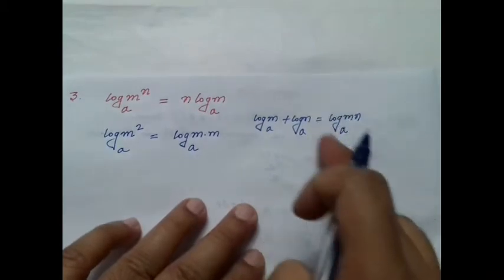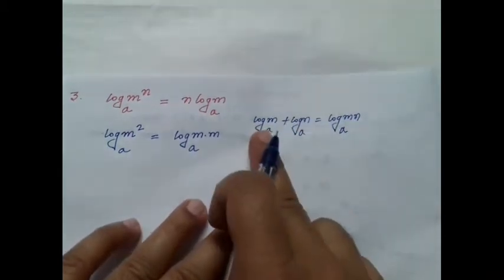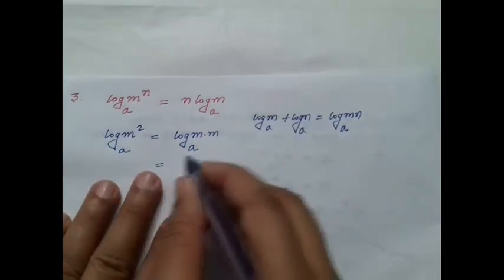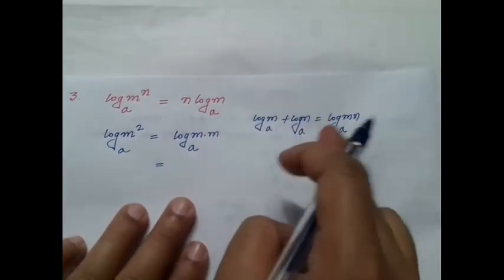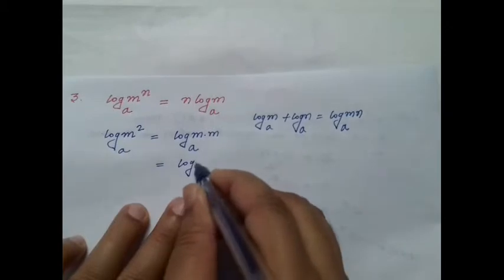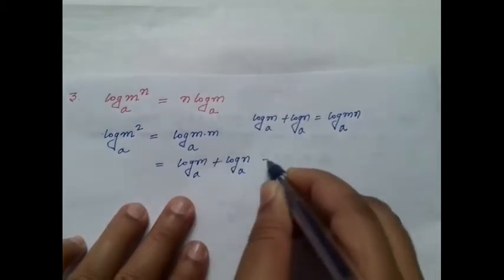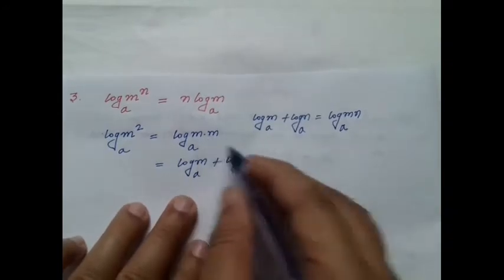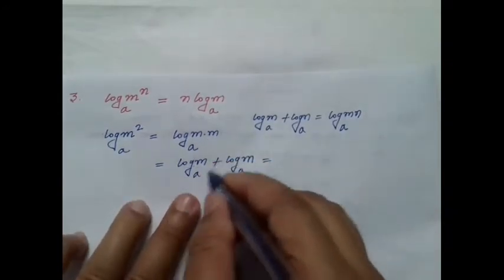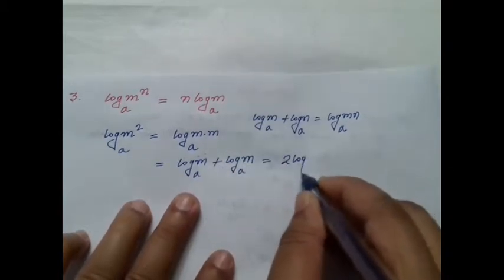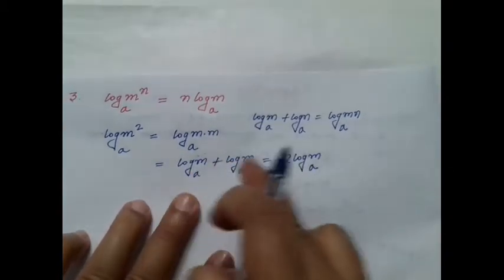So conversely, for log mn to the base a, we can write log m to the base a plus log n to the base a. Here, if I use the converse of this formula, both are m. So we are getting log m to the base a plus log m to the base a, means 2 log m to the base a, x plus x, 2x.